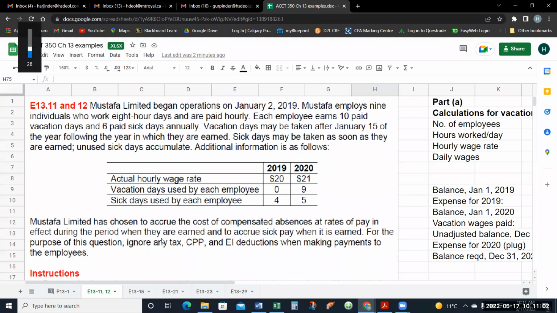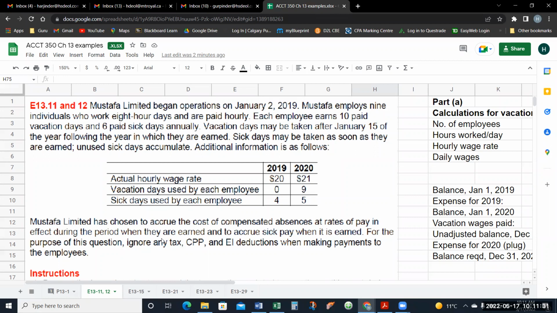So it becomes a bit difficult to predict exactly how it's going to play out. So some companies will come up with formulas to sort of estimate how much the entitlement is and how much of a liability they need to create in case the employees are entitled to a paid absence and they have not yet taken it.